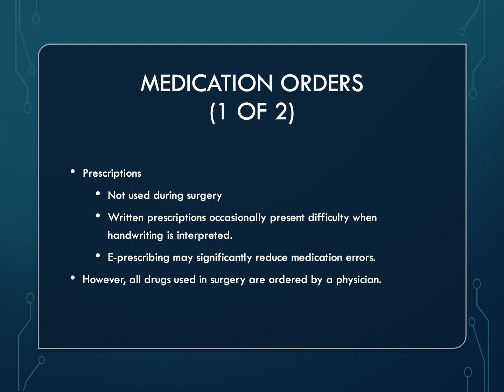The government also dictates who can write prescriptions, and this is determined on a state level. So that means that this can vary from state to state. Other things that have to be on the prescription are the prescriber's name and address and telephone number, and something called their Drug Enforcement Administration number, or their DEA number.